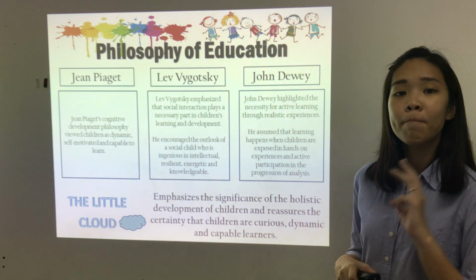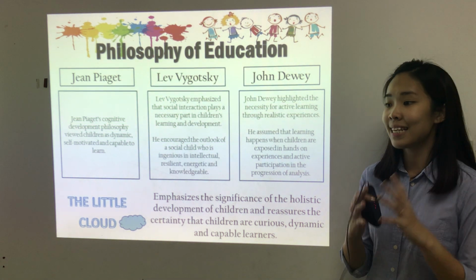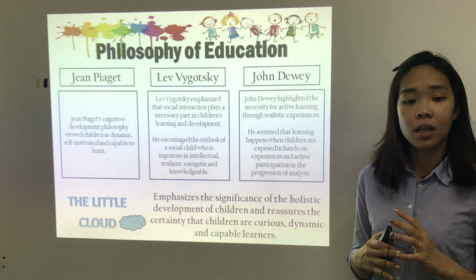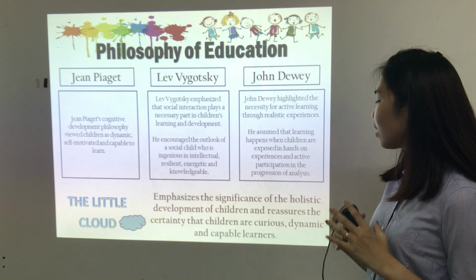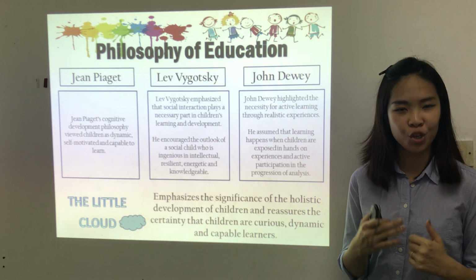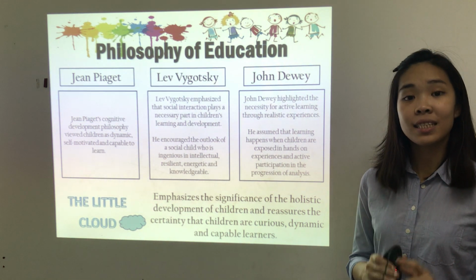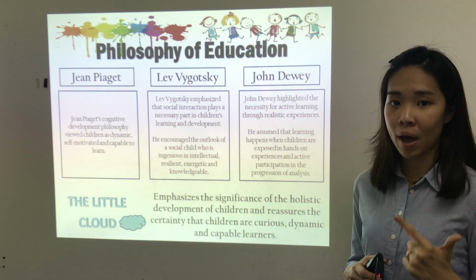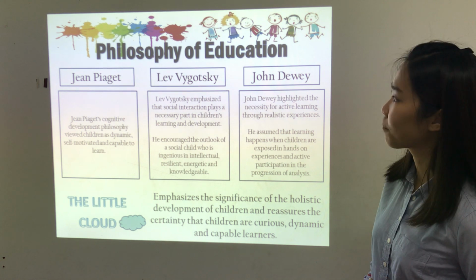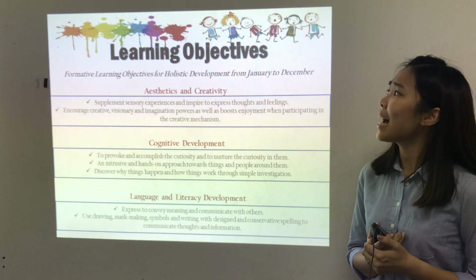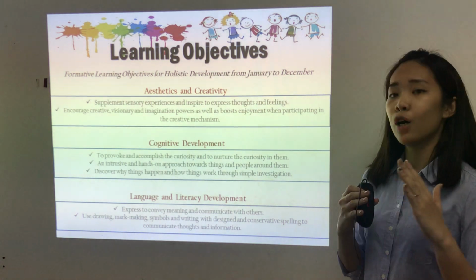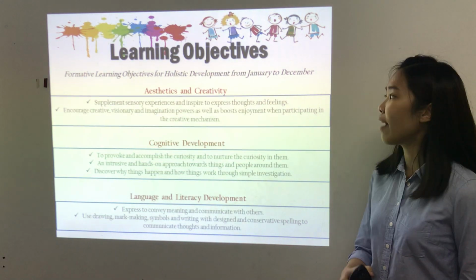From the three philosophers selected by the Leader Cloud, the Leader Cloud concluded and emphasized the significance of the holistic development of children and reassured the certainty that children are curious, dynamic, as well as capable learners.